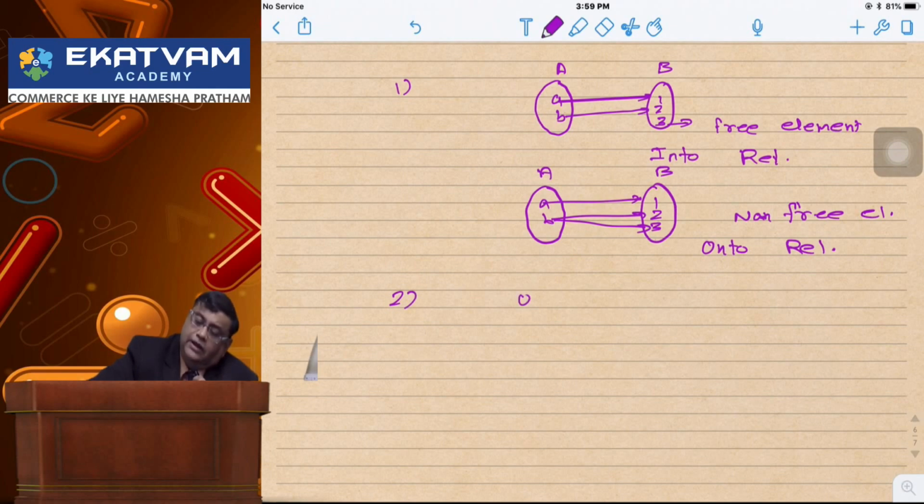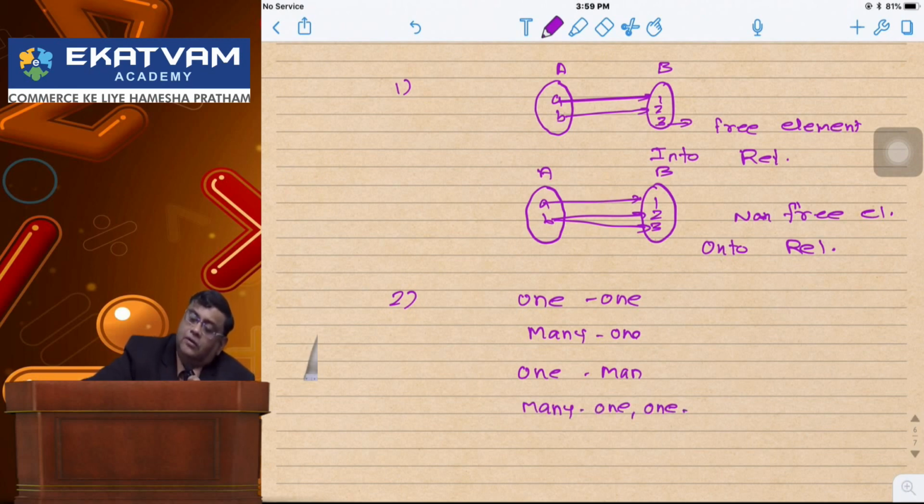Similarly, remember it can be a 1-1 relation, many-1 relation, or 1-many relation, and it can be many-1 as well as 1-many. Then it is treated as many-many. Relation can be of these types, where 1-1 is just like this, many-1 is like this, and 1-many is like this.